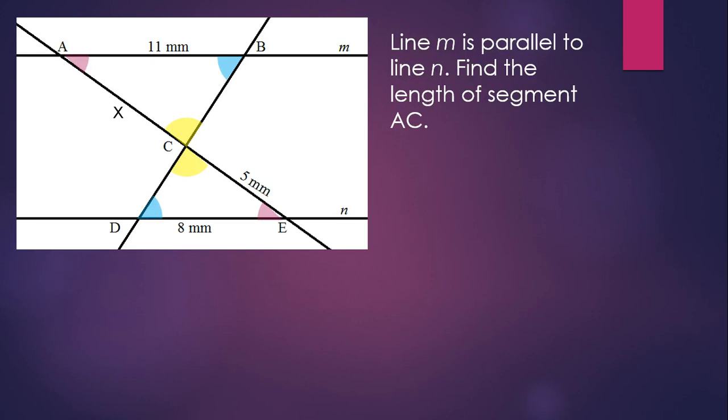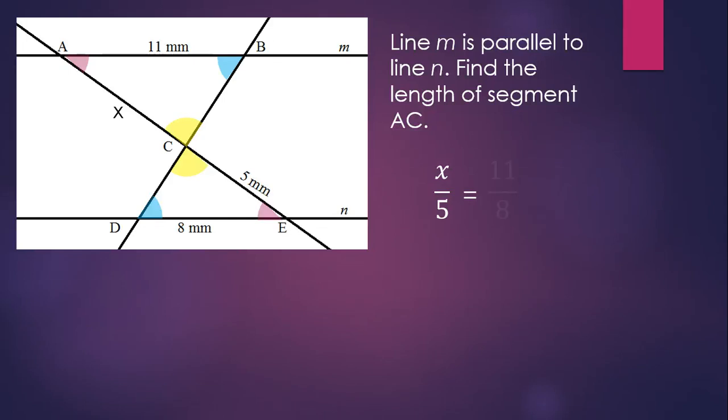Now we'll call the length of AC x, so that we can say that the x, which is the side opposite the blue angle in the larger triangle, would have to correspond to the side that measures 5 millimeters in the small triangle. It's also opposite a blue angle.